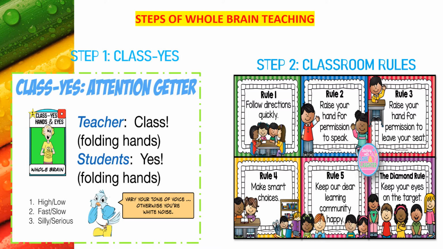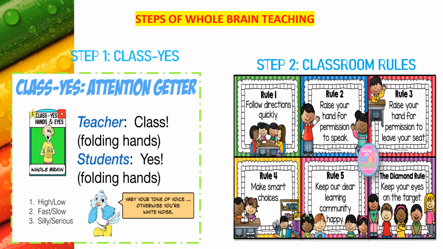So whenever something good happens, they make some gestures with their hands, so that each and everyone in the class becomes a happy learner. So the peers will be happy, as well as the teacher. And the diamond rule is keep your eyes on the target.